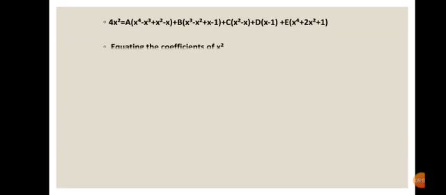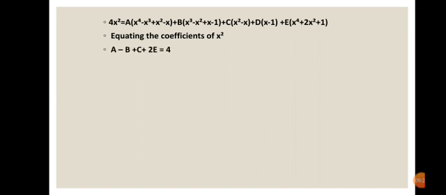Now, students, we are going to equate the coefficients of x square, which is a in the first term, and minus b in the second term, and c in the third term, and 2e in the last term, and 4 is on the left hand side. So the equation is a minus b plus c plus 2e is equal to 4.